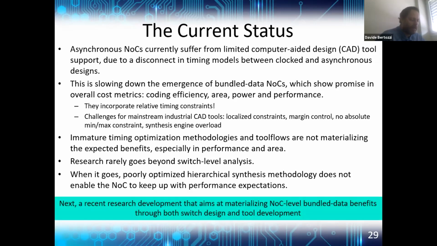Next, I would like to briefly report on the latest developments on bundled data NoC design in terms of both switch architecture and tool development. This is the outcome of a collaboration between my group at University of Ferrara and Professor Steve Novi's group at Columbia University.